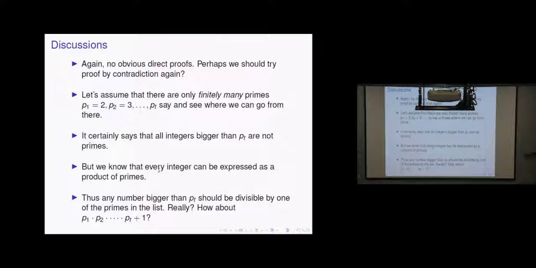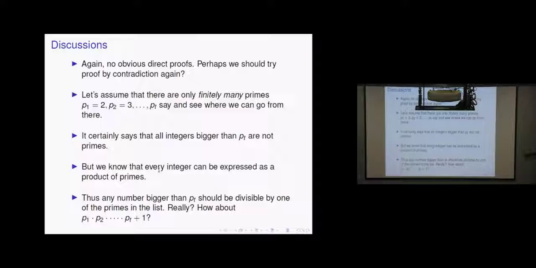So I will, sorry, repeat the idea, and then we move on to the next slide. Okay, so we are trying to show there are infinitely many primes. So we prove by contradiction. Suppose there are only finitely many primes, which are p1, p2, up to pt.